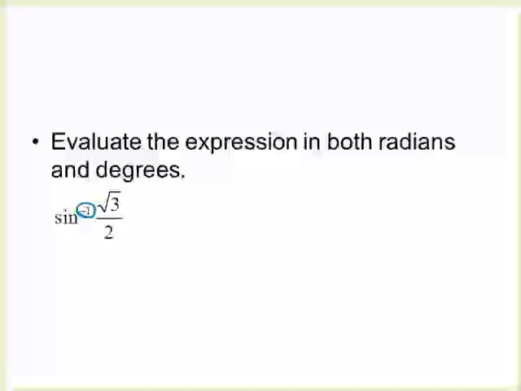So to solve the problem, we're going to think about sohcahtoa. What is sohcahtoa for sine? Opposite over hypotenuse. Then we're going to line up this fraction. So we're looking for an angle that has an opposite of square root of 3 and a hypotenuse of 2. Which triangle has a hypotenuse of 2?